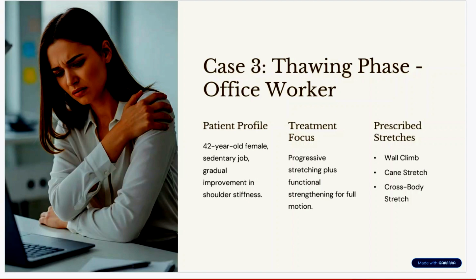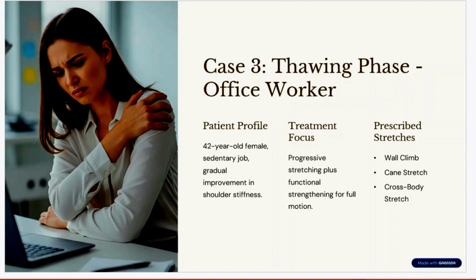So the treatment focus is on functional strengthening for full range of motion, because of the frozen shoulder, her work condition and ergonomics are getting affected, her normal working as an office worker is getting affected. So you need to focus on strengthening plus stretching at the same time.